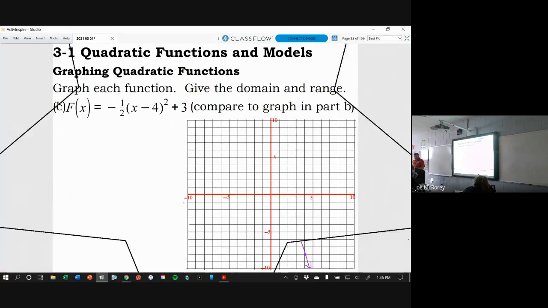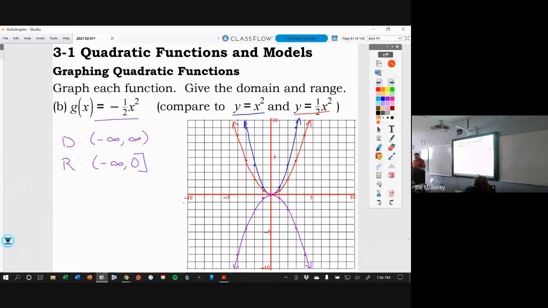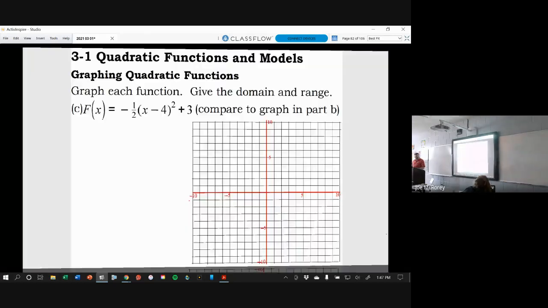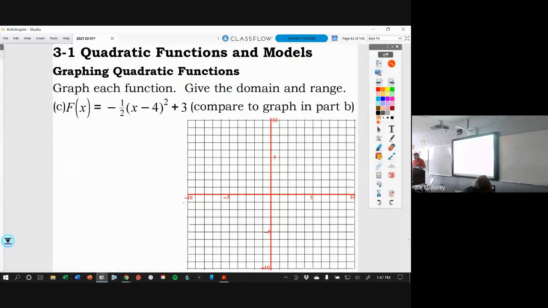All right, so look at this function we just graphed. Look at the equation of g of x. You got that equation in your head? I'm about to move to the next slide. How did it change? Other than the letter, how else did it change?